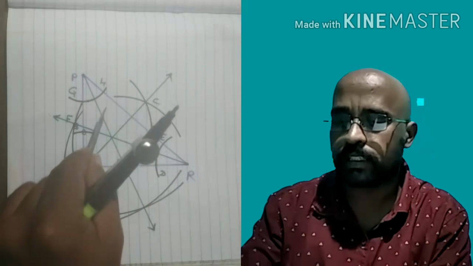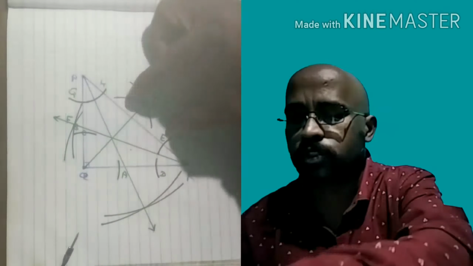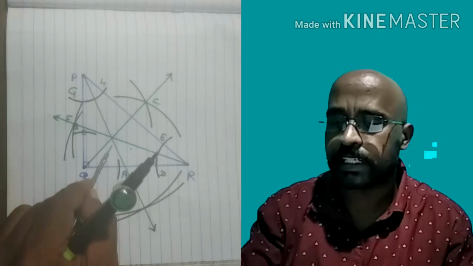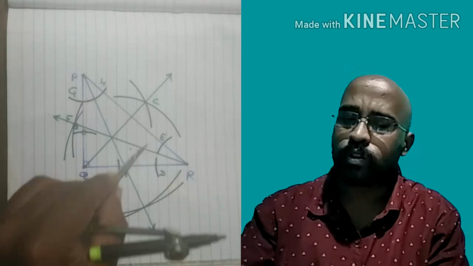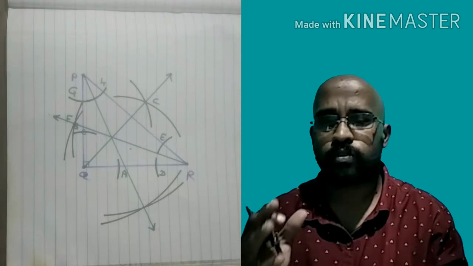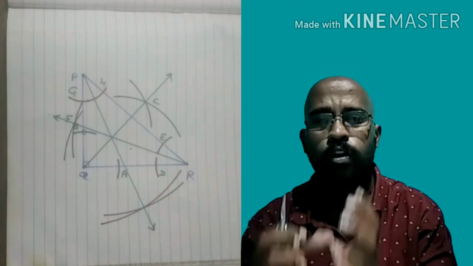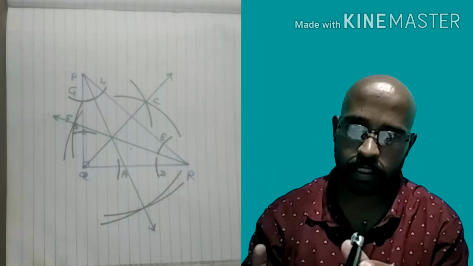If the intersection points of arcs were also in the interior, then there would be a lot of arcs, and after that we have to draw the circle also. So it will create confusion. To avoid that confusion, take a distance such that the projected arcs will go out of the triangle.